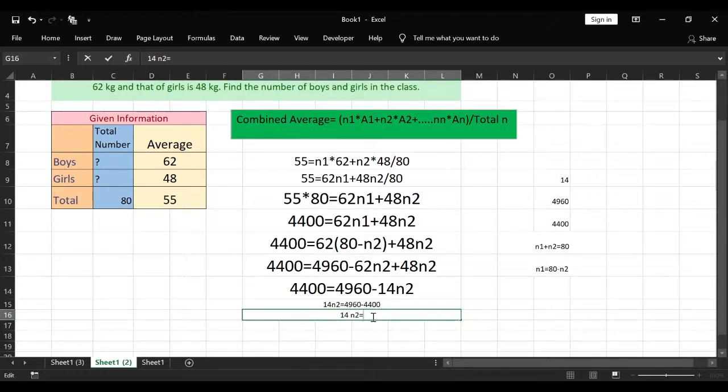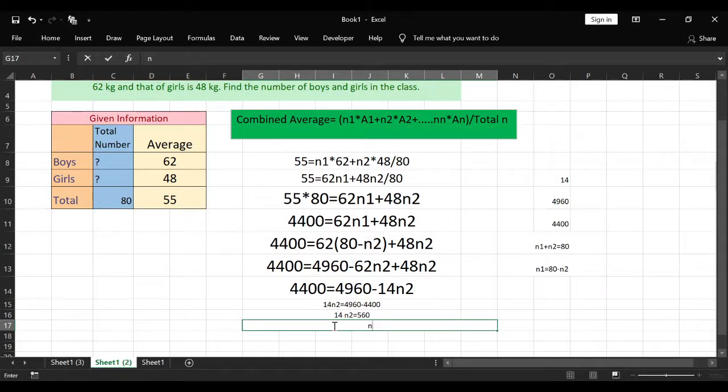So the remaining value is 560. So 14 n2 equals 560. So again I'll simplify the things.